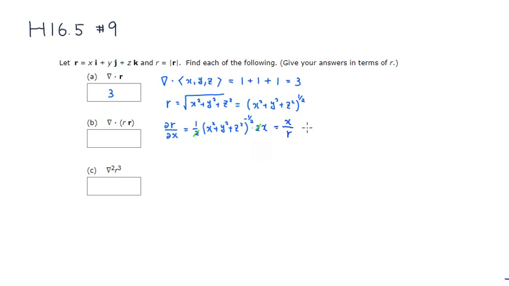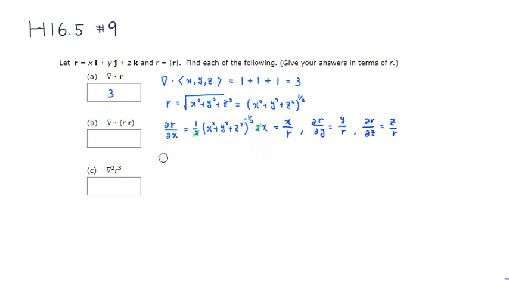In the same way, the partial of r with respect to y is y over r, and the partial of r with respect to z is z over r.